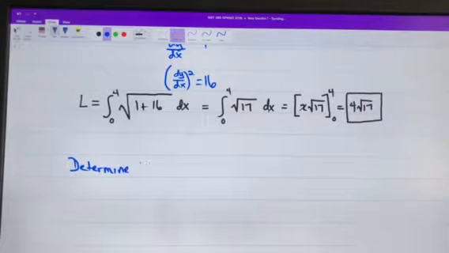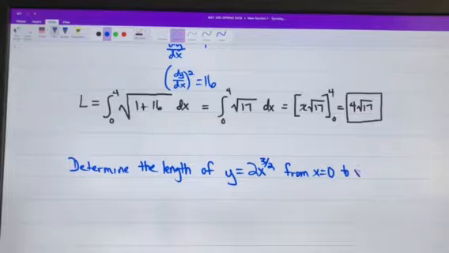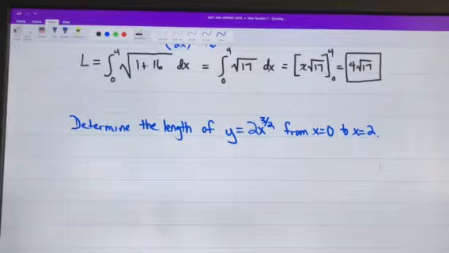Now, where we have official curves come in, let's say that I determine the length, and we'll say that we have y is equal to 2 times x to the 3 halves, from x is equal to 0 to x is equal to 2.